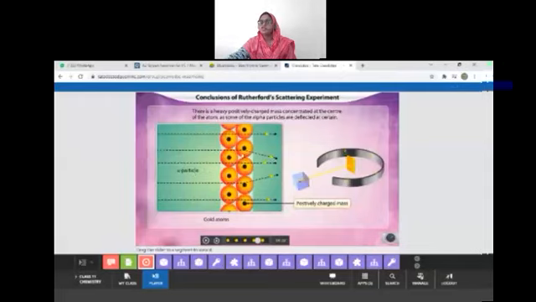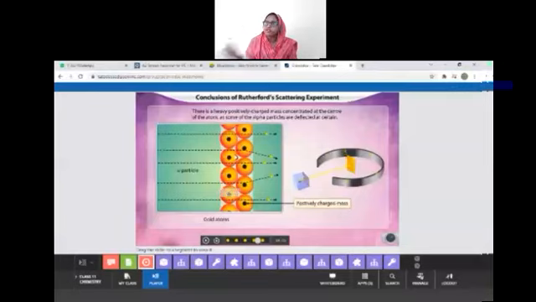They're getting deflected because they are coming near something which is positively charged. Okay, there is a heavily positively charged mass concentrated at the center of the atom. When these alpha particles come near this positively charged species, they are getting deflected.